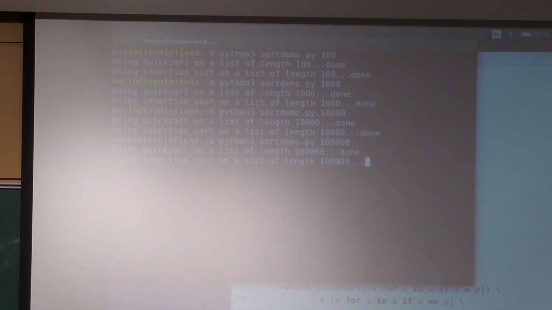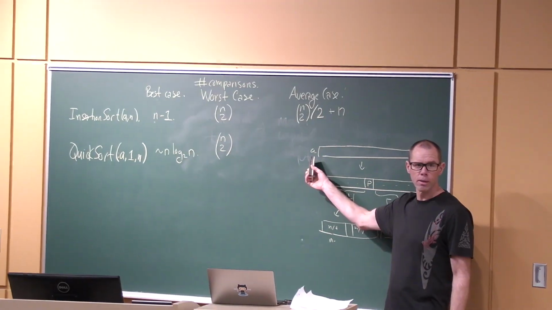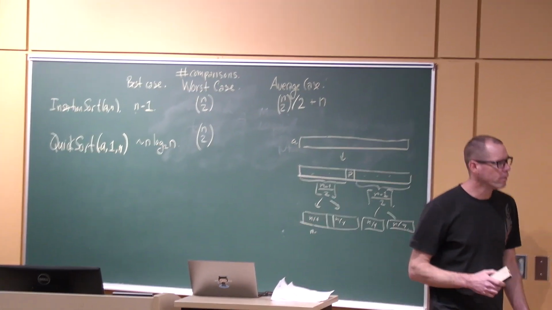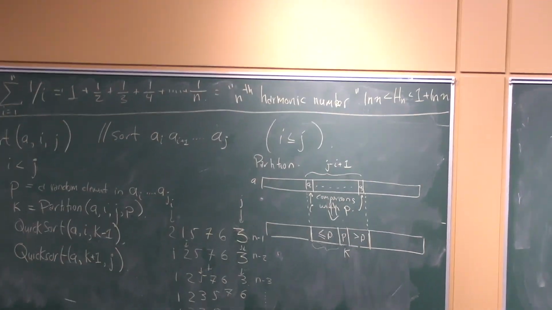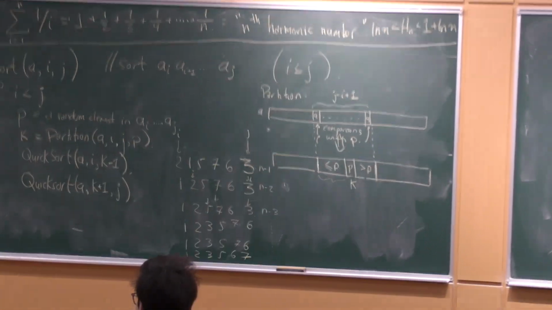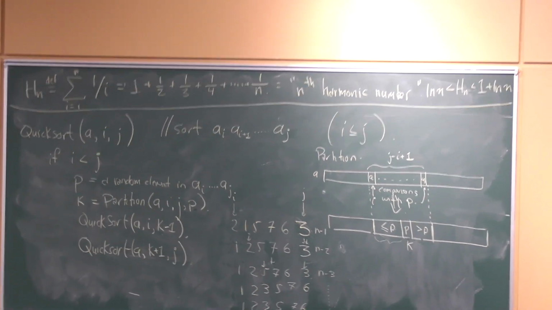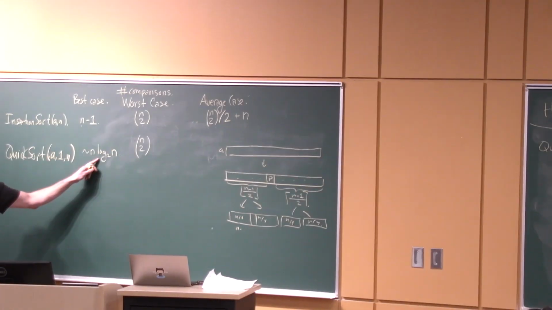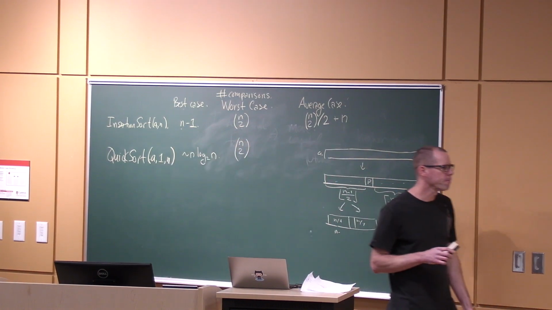Okay, so it looks like the answer for the average case is going to be quite different. To me, it looks like quicksort is running a lot faster. So the hope, and in fact what we'll see, is that whereas for insertion sort the average case is about the worst case, for quicksort the average case is about the best case. So it's almost like the best possible thing happening.